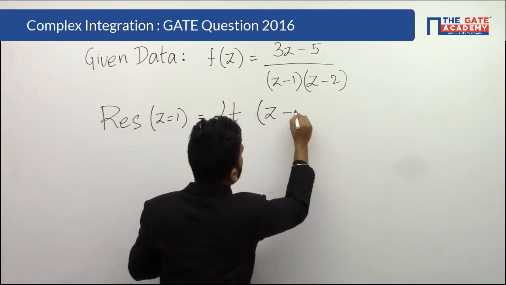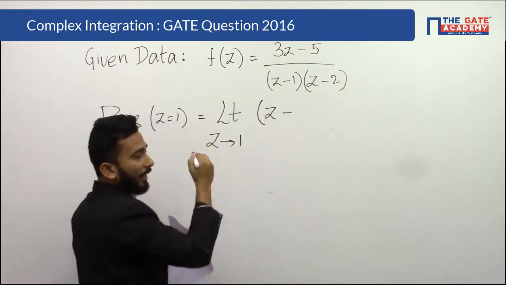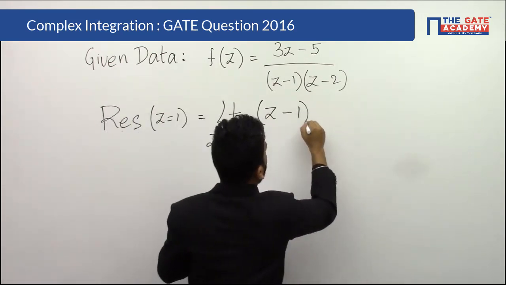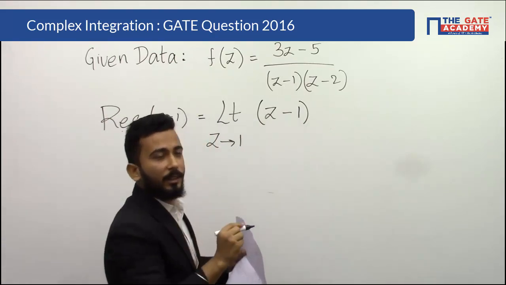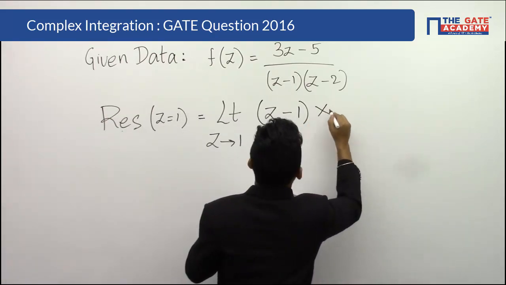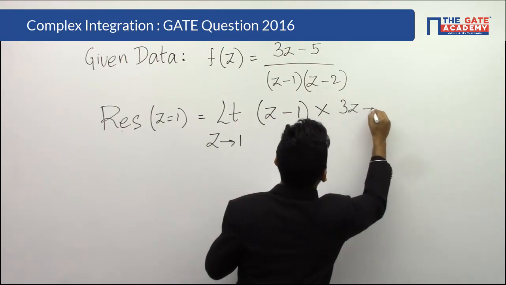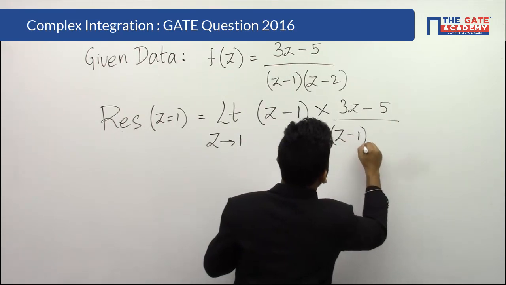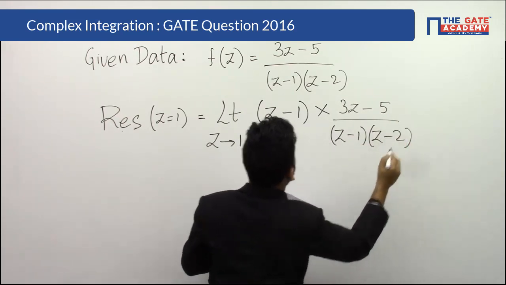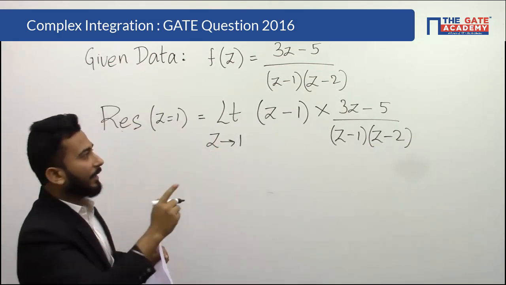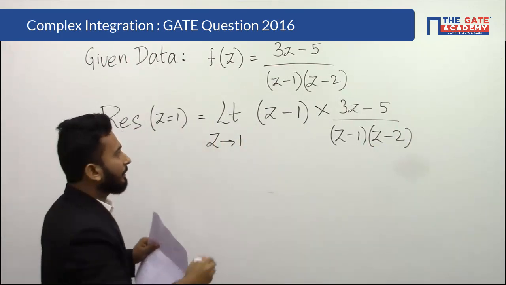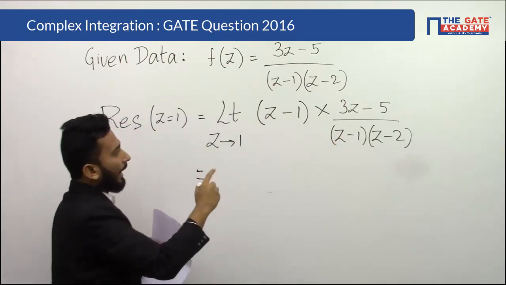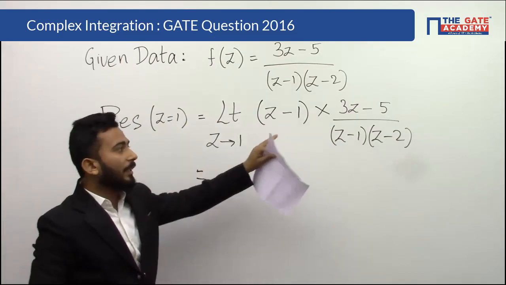(z minus the value at which I am finding the residue, here it is 1) into the function. The function is (3z minus 5) by (z minus 1)(z minus 2), so we need to find the limit of this function. (z minus 1) cancels out, and then we can put z is equal to 1 in this function.